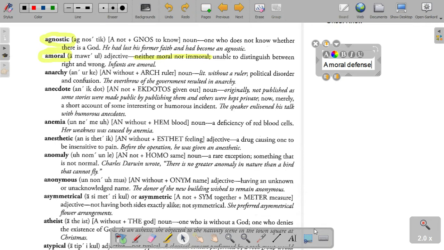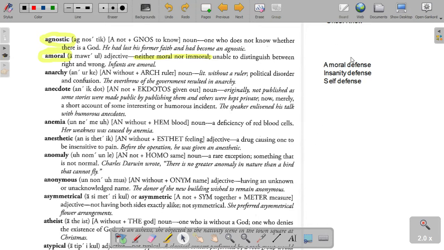And this is different from the insanity defense, where they say they can't be held accountable because they were insane, or, for example, self-defense. So the amoral defense says when they drowned that boy in the river, they did not know that they were doing something wrong. Therefore, they shouldn't be held accountable for murder.